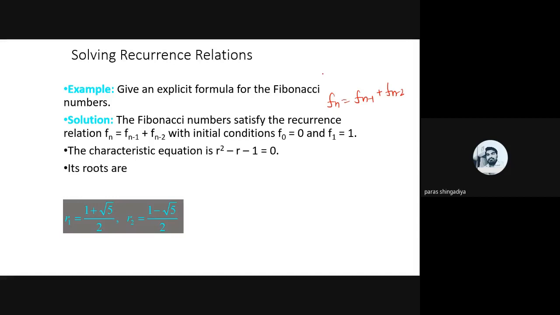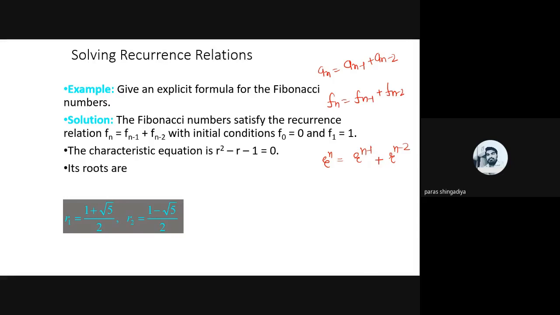Okay, and you just consider it as An form. So An is equal to An minus 1 plus An minus 2. In place of F, you can also use A. And then consider it as R raised to n form. So R raised to n is equal to R raised to n minus 1 plus R raised to n minus 2.